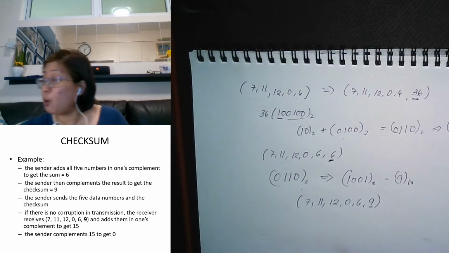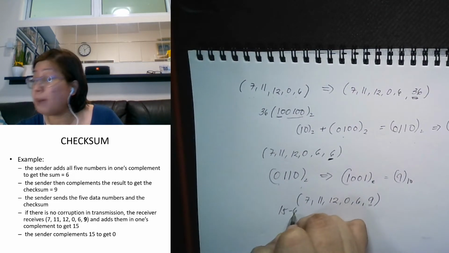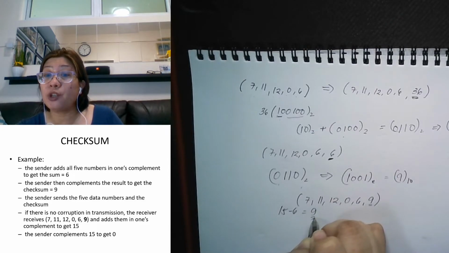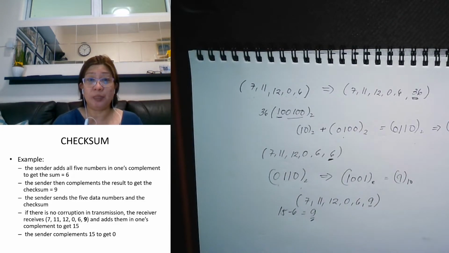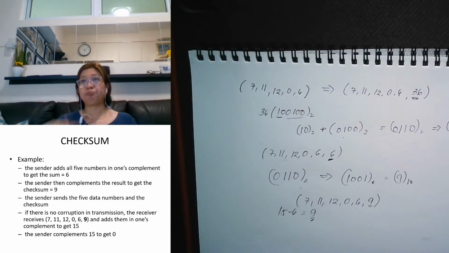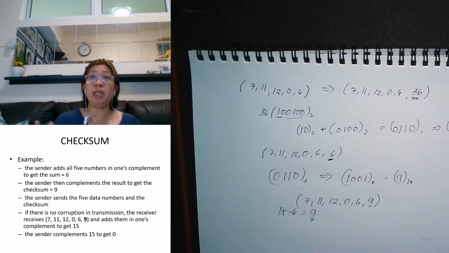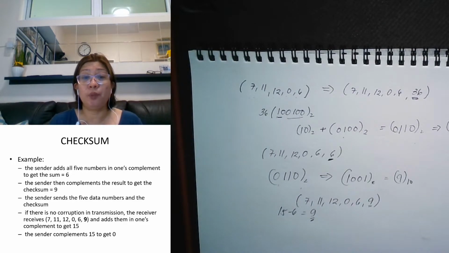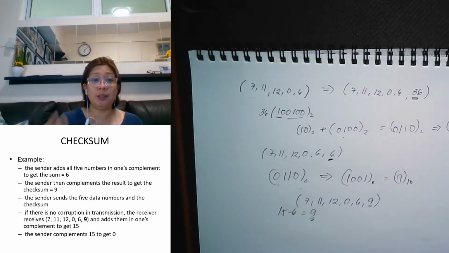If we subtract 15 minus 6, our answer is 9. Or the receiver complements 15 to get 0. This shows that the data have not been corrupted. This is how we do the checksum.